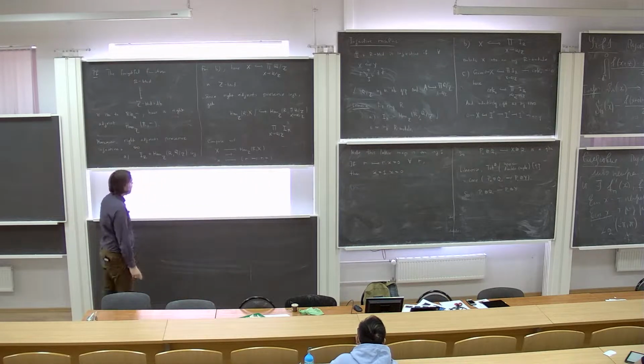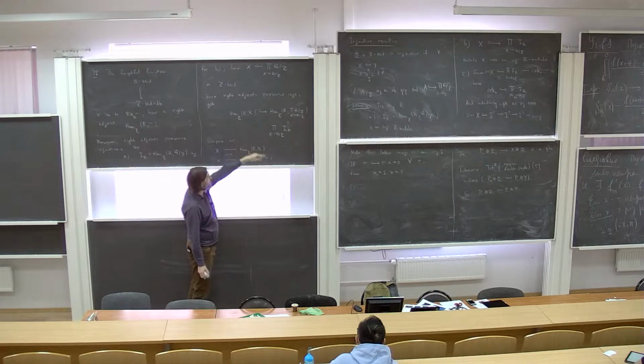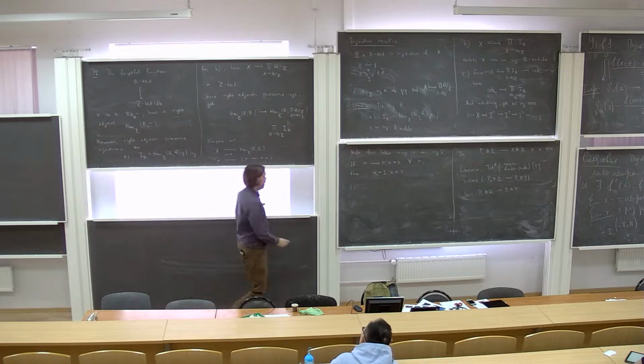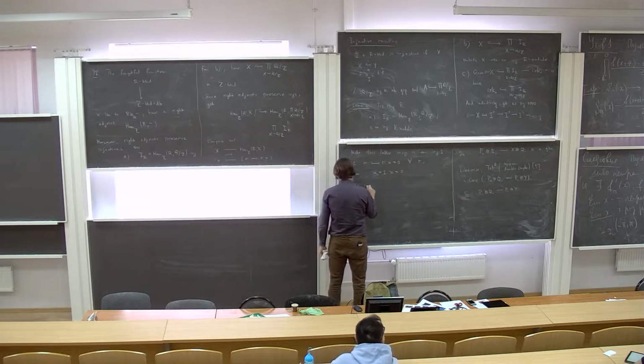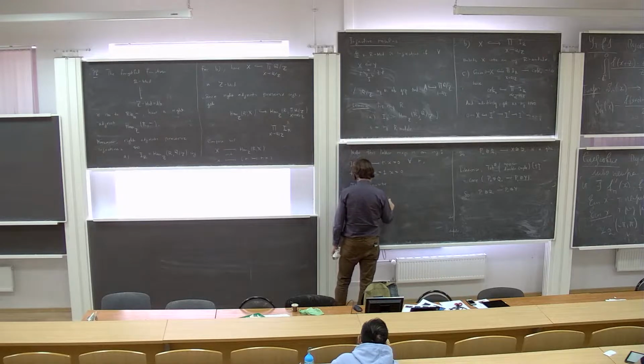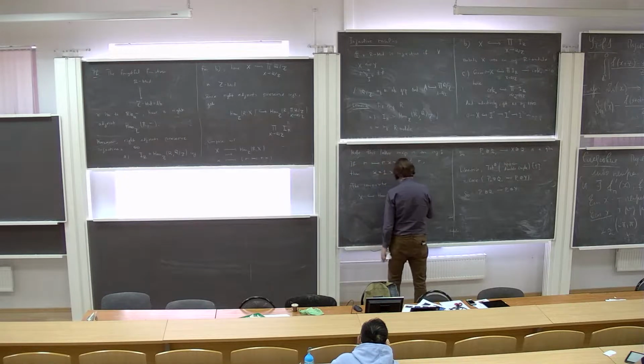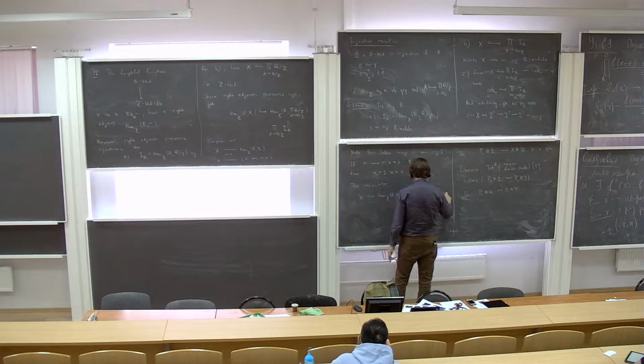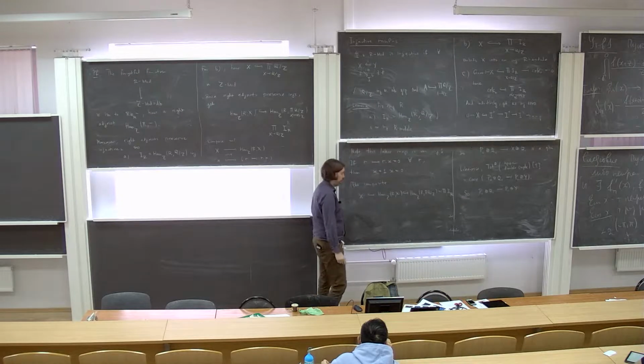Okay. So this map is injective, and that map is injective, and so the composite embeds X into this product. So the composite is the injection that we need.